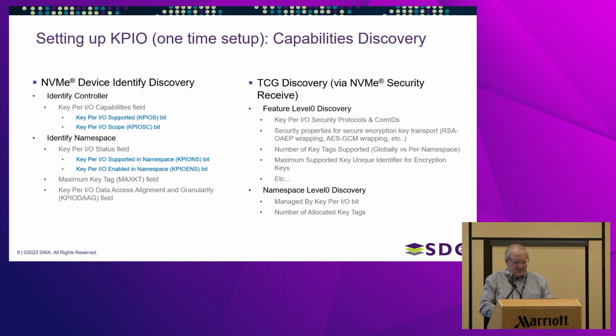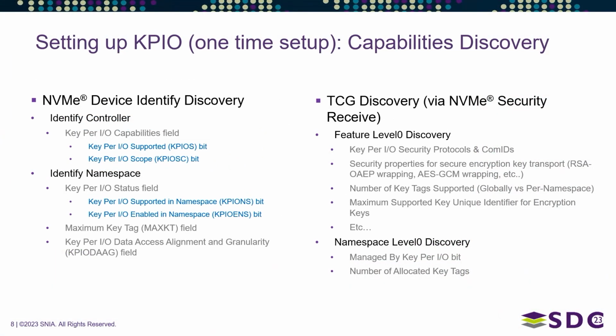Okay, so we've already been talking a bit about some of the mechanics here. There's a lot of setup that you need to pay attention to. There's some discovery that happens on the NVMe side, which will let you determine whether or not KPIO is supported on the drive.